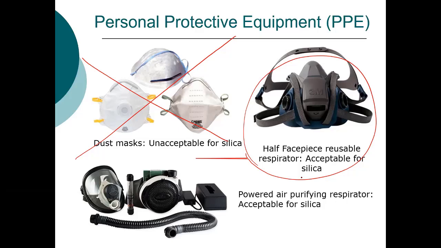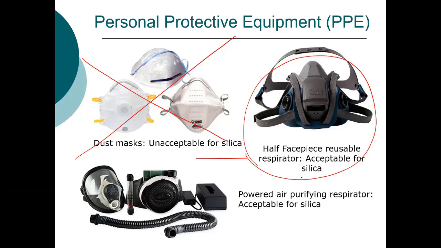And at MSU, it's by EHS, Environmental Health and Safety. You're actually checked medically, you're fitted for one, and that is your face mask that you would wear. And then you can also have powered air purifying respirators that can be used to prevent exposure.